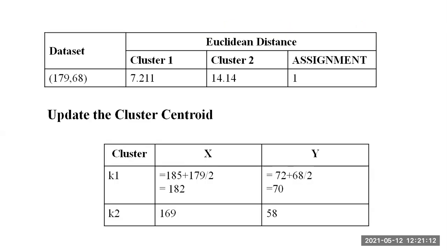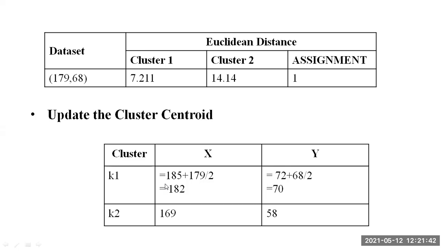Now if you tabulate these values, the result is 7.211 and 14.14. You can see the cluster 1 value is minimum, that's why 179 comma 68 belongs to cluster 1. Because this value belongs to cluster 1, the centroid values of cluster 1 need to be updated. Again, taking the mean, you get the new centroid value for cluster 1.